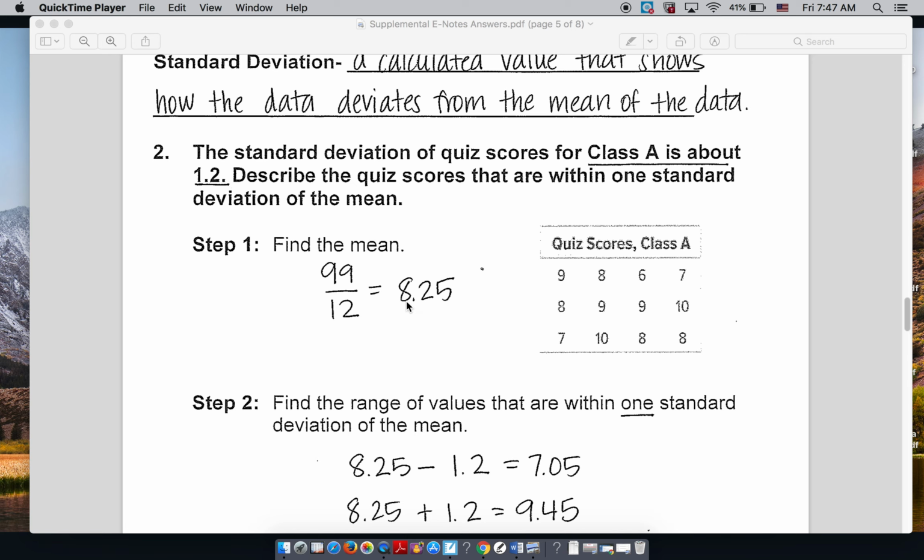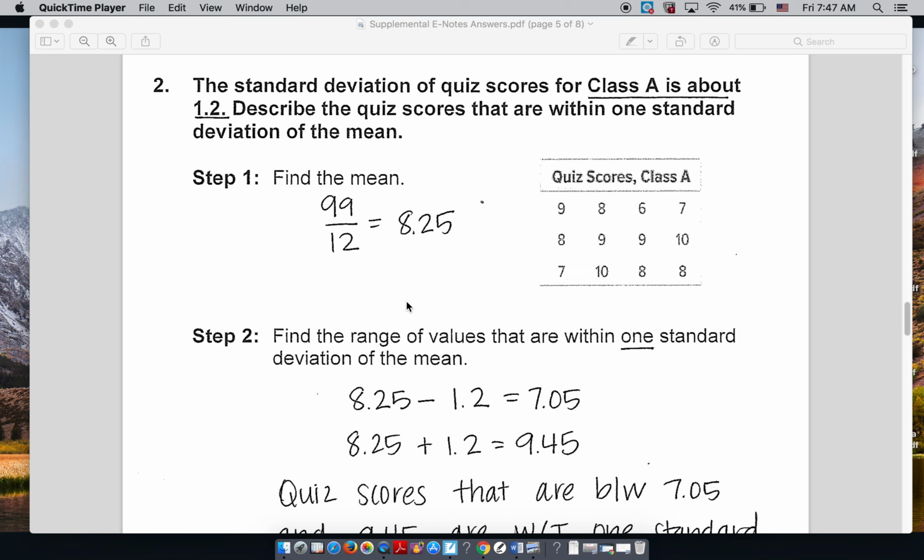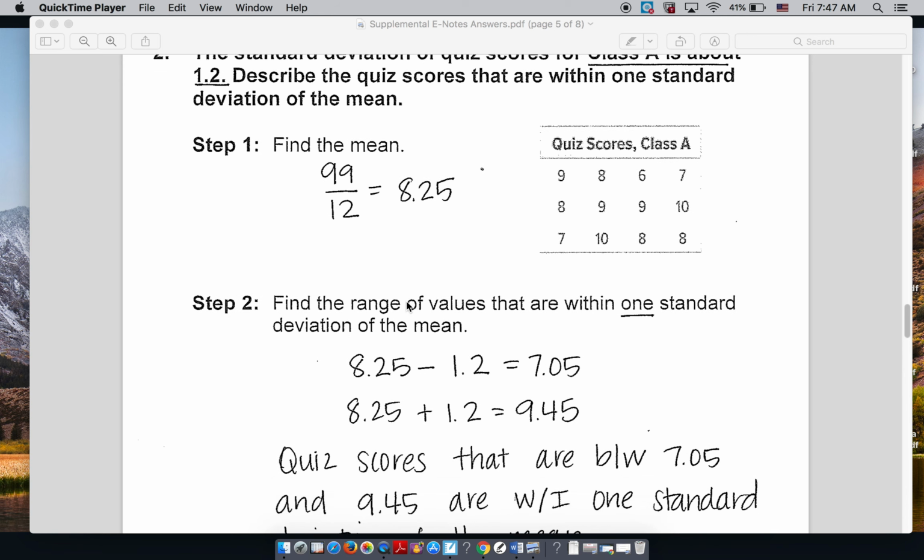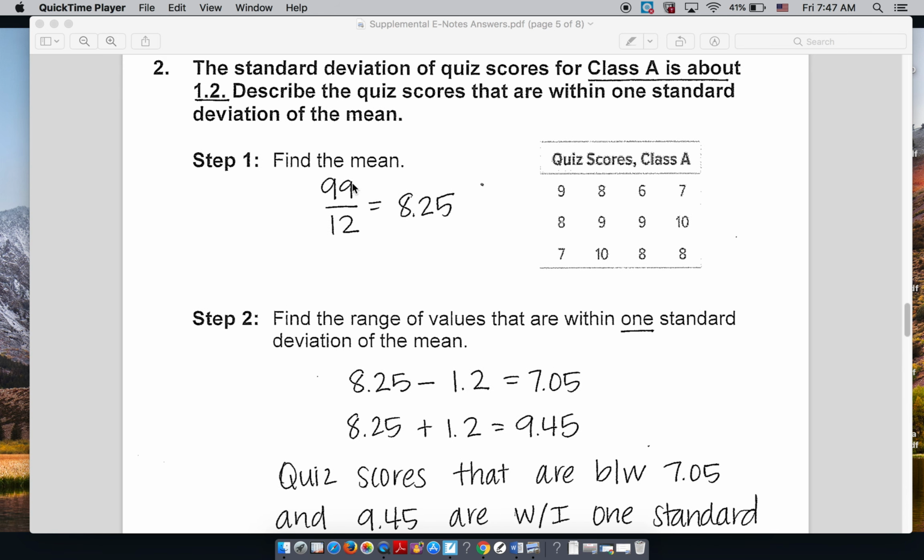So with a standard deviation type problem, when I'm trying to understand it, I first have to find the mean. So I did here, and I calculated the mean and got 8.25. Now the question wasn't find the mean, it was describe the scores that are within 1 standard deviation of the mean.